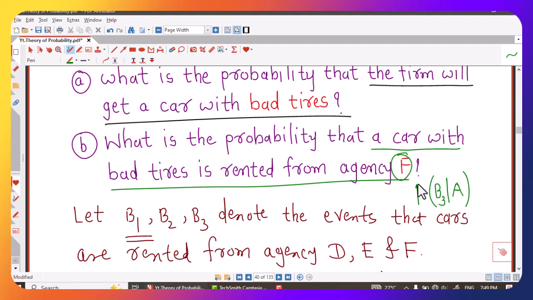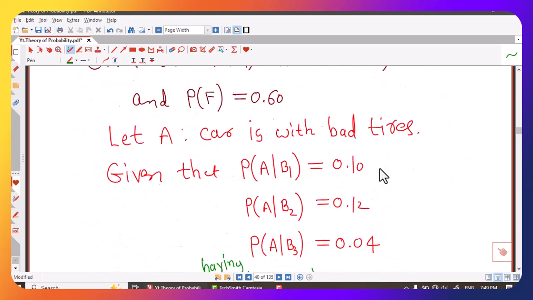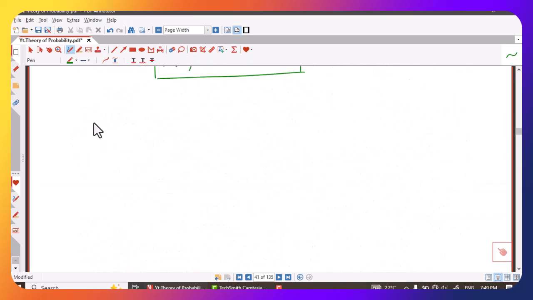Car with bad tires, that is A, has occurred first, and we have to find that it has been rented from agency F, that is the probability of B3 given A. And to find that probability we will use Bayes theorem.